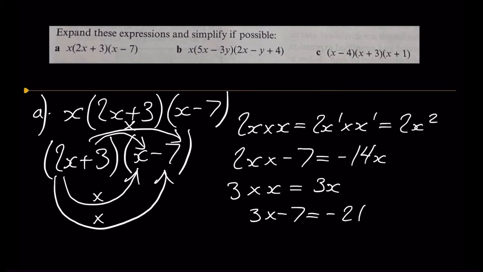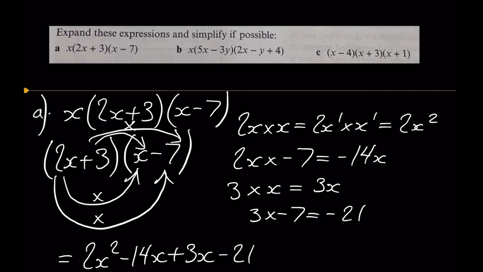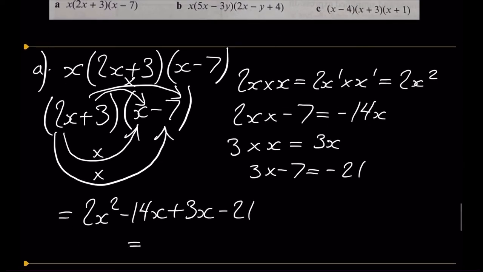So the answer to 2x plus 3 times x minus 7 is equal to 2x squared minus 14x plus 3x minus 21. And that simplifies to 2x squared minus 11x minus 21, because minus 14 plus 3 gives us minus 11.